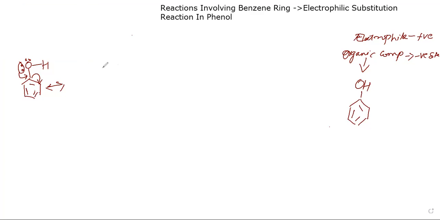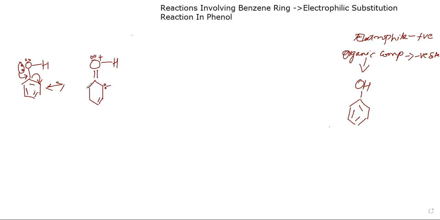So here you have oxygen. Now, since the lone pair has moved into the benzene nucleus, we have a double bond here, and we have a positive charge at the oxygen atom, like this. So this electron pair has moved to this position, and we know that this position is an ortho position. This electron pair has moved here, and this is an ortho position.